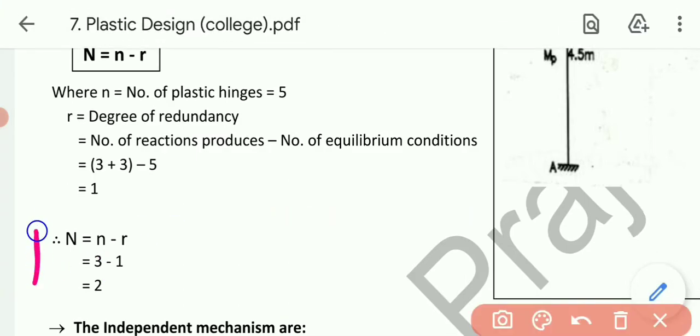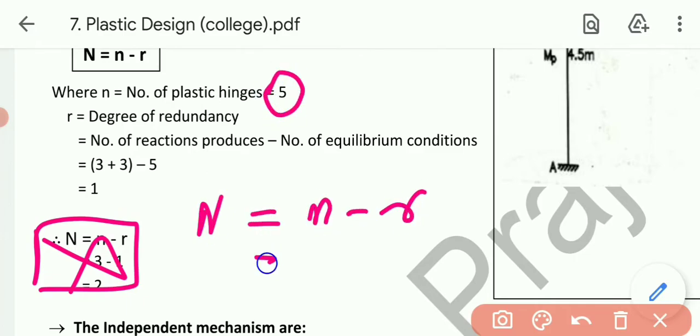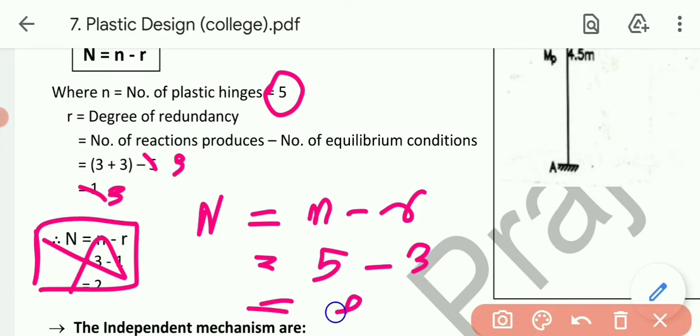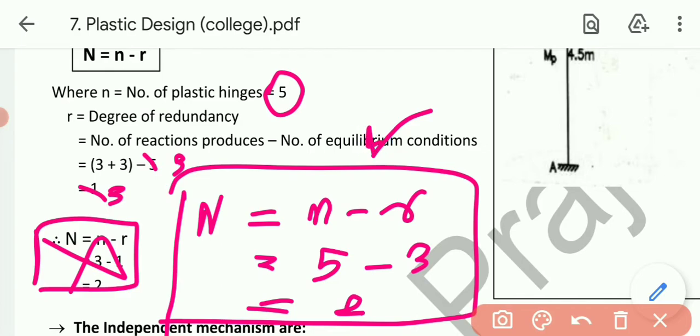Small n is 5 and r is 3. It is a printing mistake, so let me write it over here. So ultimately I will get the answer 2. This is the correction, remember this correction.